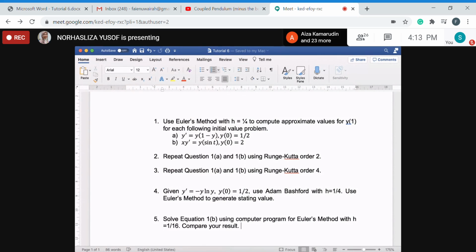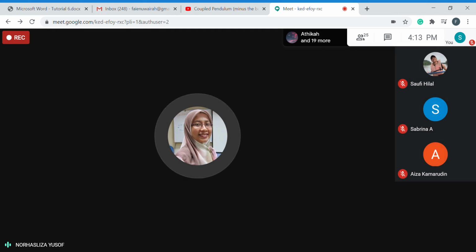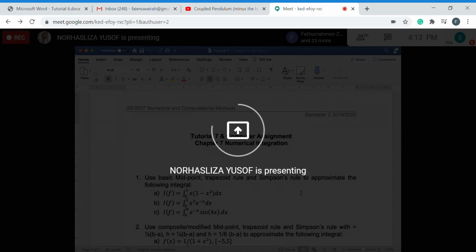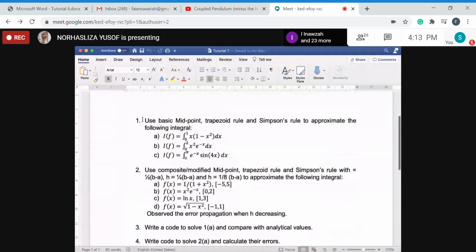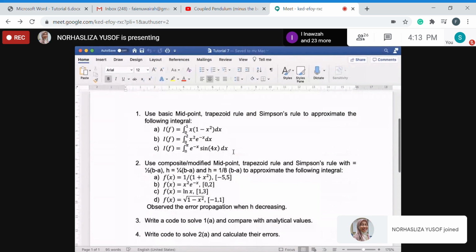So tutorial 7 is also already uploaded in Spectrum. Have a look. So this is how tutorial 7 looks like. Let me stop sharing. I share back again tutorial 7. Okay, this is tutorial 7 also in your Spectrum. First you learn how to solve using basic numerical integration.